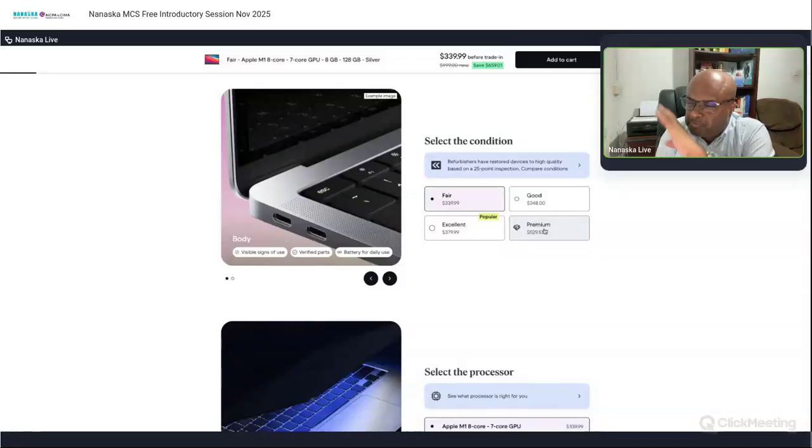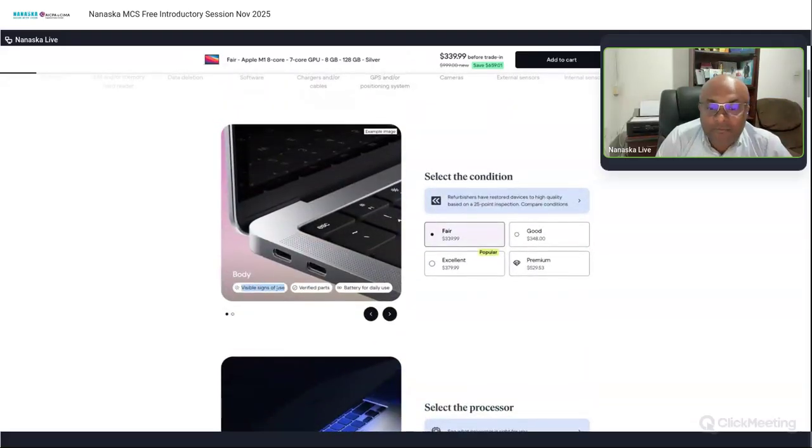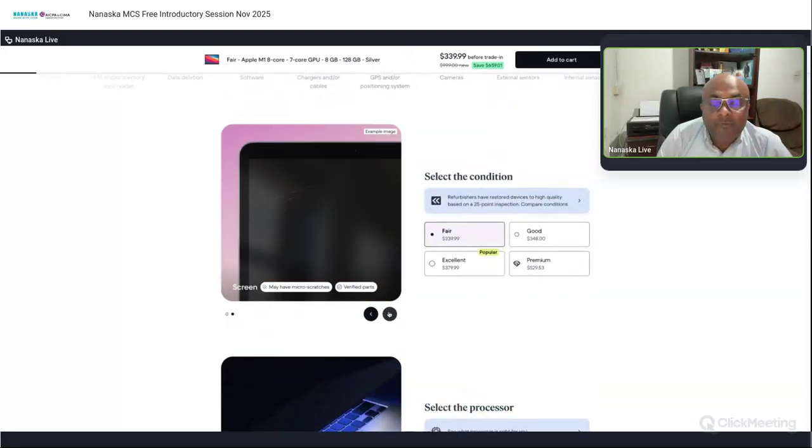I can buy a super new computer at 5289, a good computer at 348, and fair, which is not bad, at 339. They also help me identify the product through a lot of pictures.